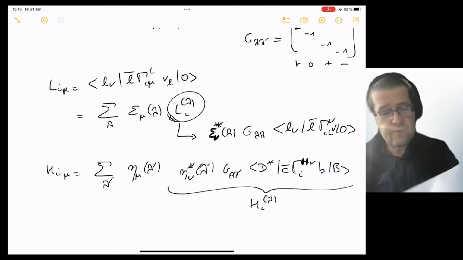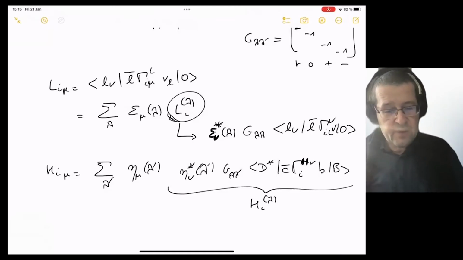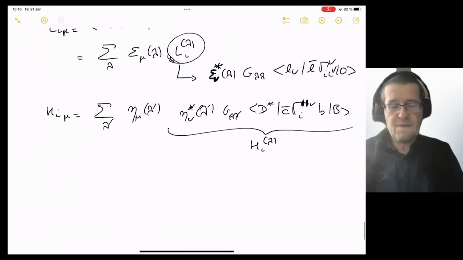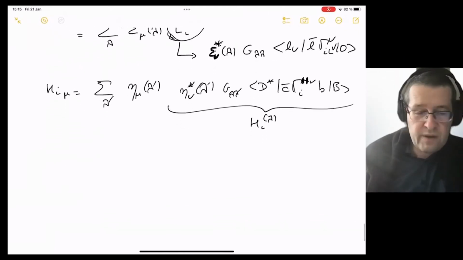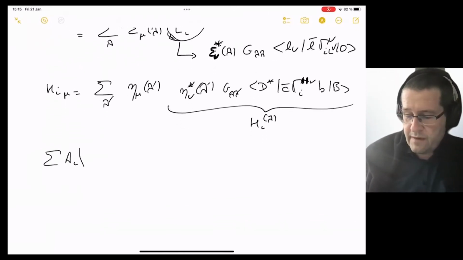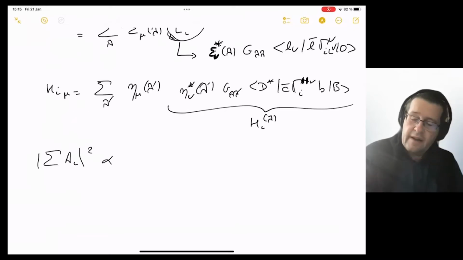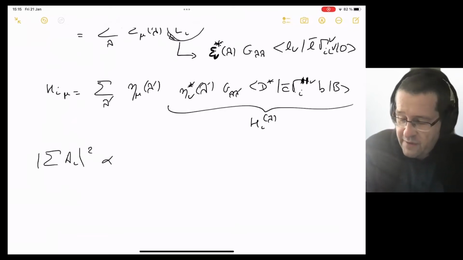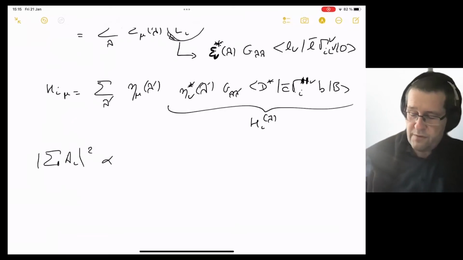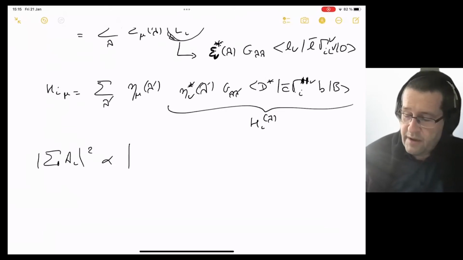Okay, so that's quite trivial, but then the point is that when I'm doing the computation of the sum of all the contributions that I have to take to modulus square in order to compute the decay rate, then what I end up with is something quite simple.